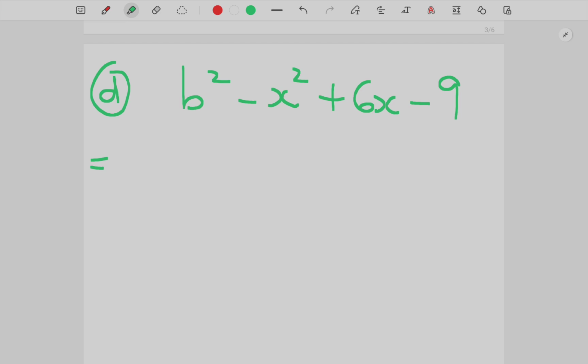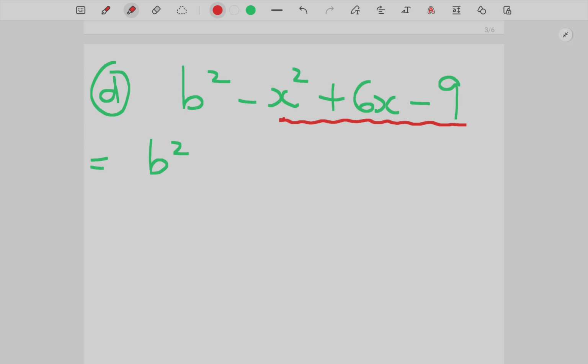So what is it that we are going to do? B squared is fine, we've got b squared here, but here there is a trinomial: minus x squared plus 6x minus 9. It means there's something hidden in it. What is hidden? This is a perfect square trinomial.